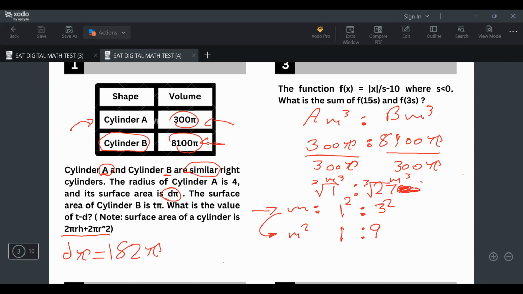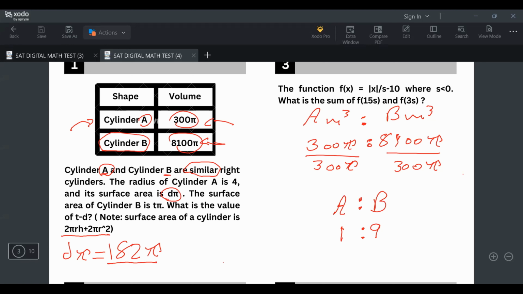So in other words, let me clear up the bubbles since we do not need it anymore. Surface area of cylinder A, which is 182, right? So we'll plug in 182 pi here. And let's say the surface area of cylinder B is equal to x.